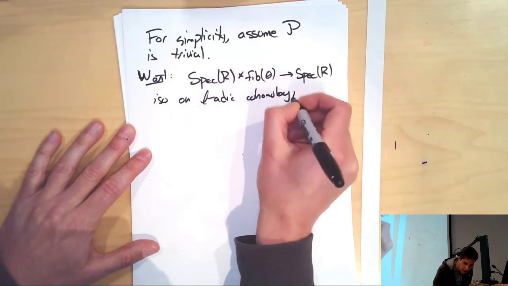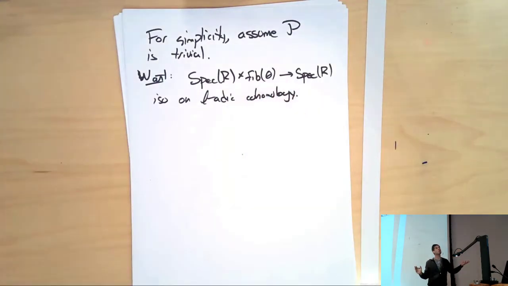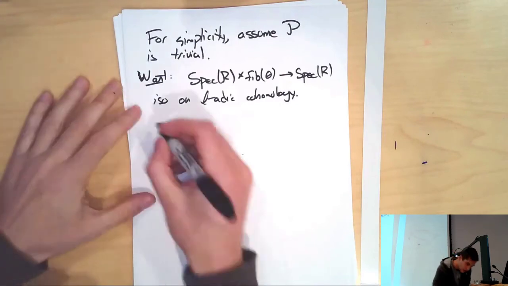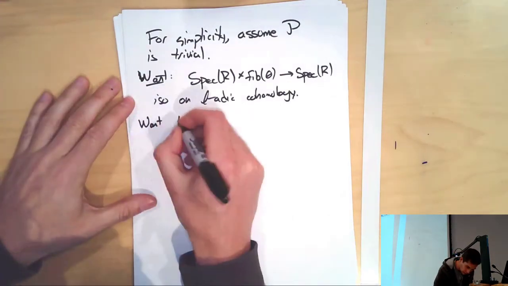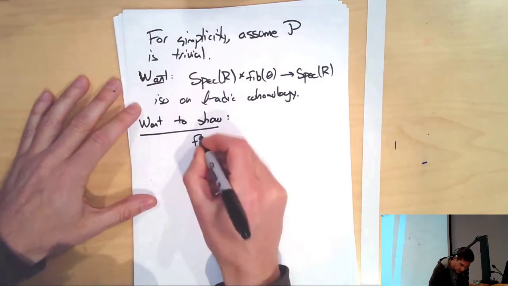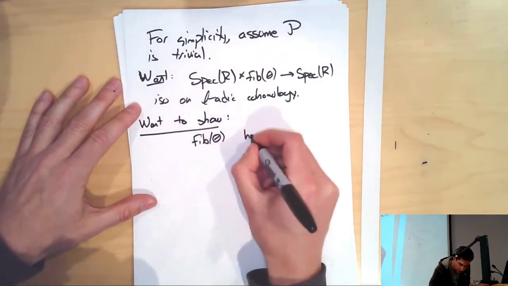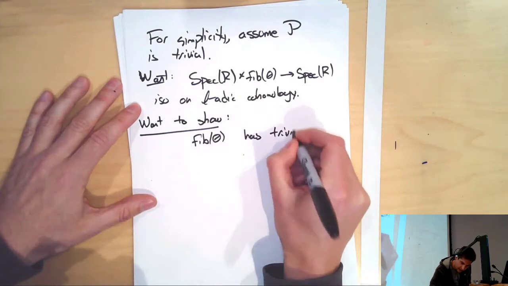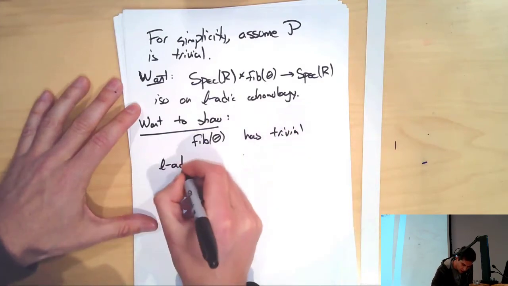And therefore, by some kind of Künneth theorem, I might as well assume that R is K. Right? This is just the projection of a product onto one factor. What we need to show is that the other factor is acyclic. So we want to show that the fiber of theta has trivial L-adic cohomology.